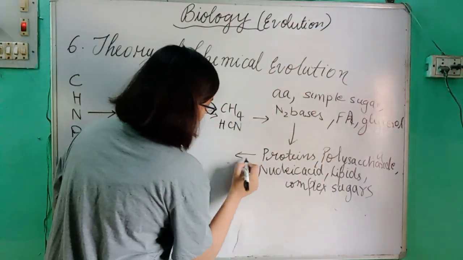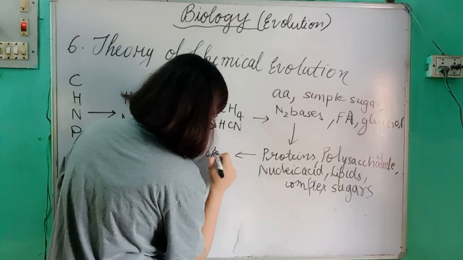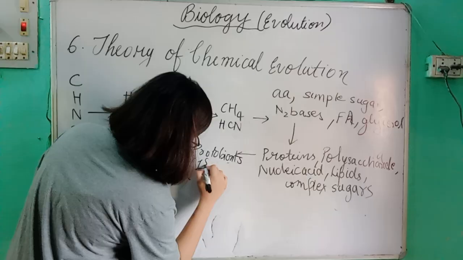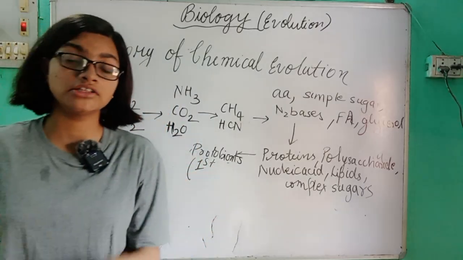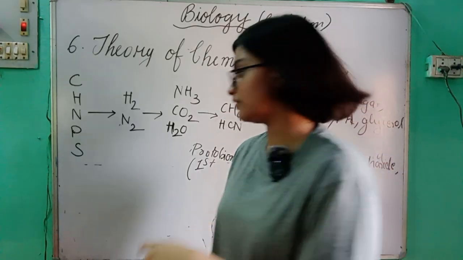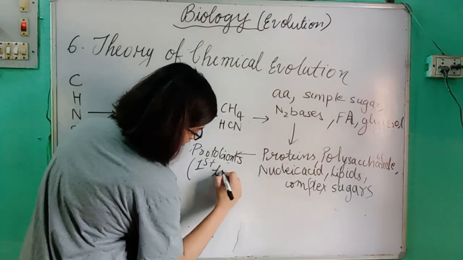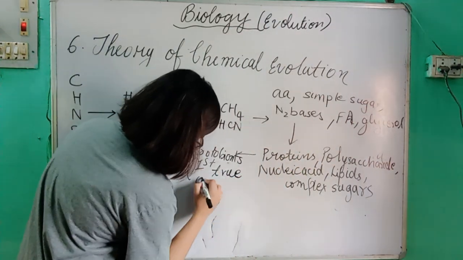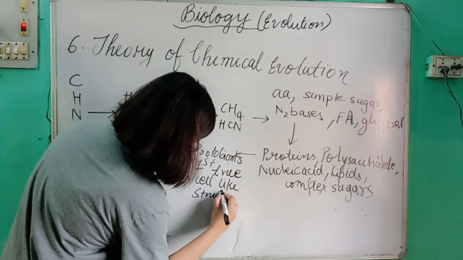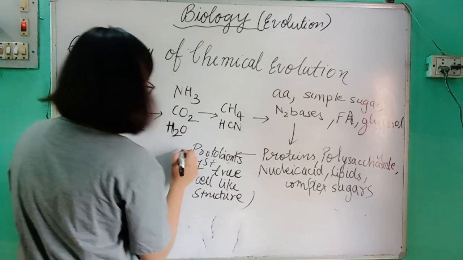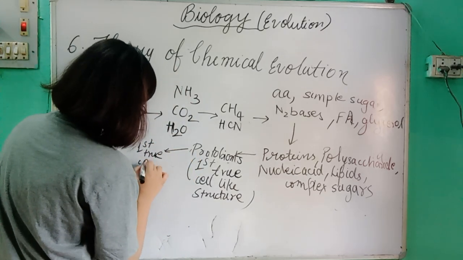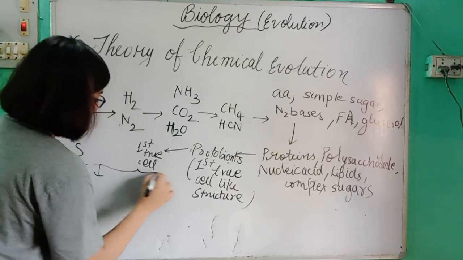Now, there is something special about protobionts. They were the first true cell-like structure. They were not the first true cell, but they were the first true cell-like structure, which later on gave the formation of the first true cell. Then later on, microspheres and coacervates were formed.